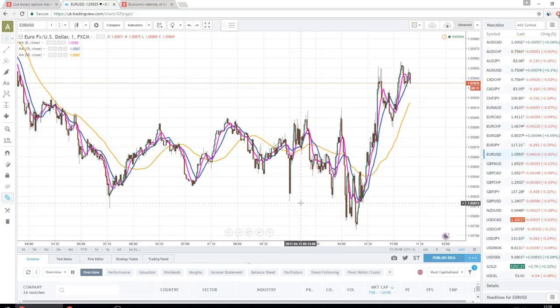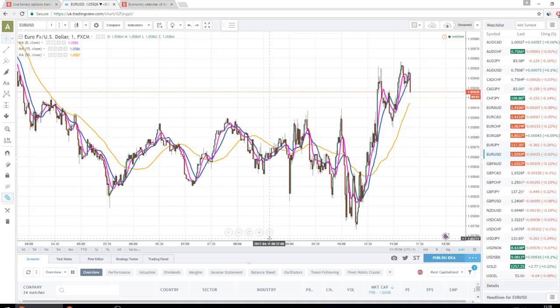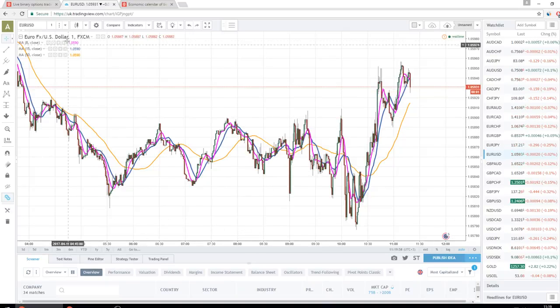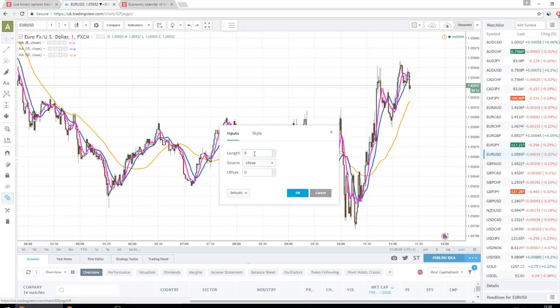Two of them are pretty short, and one of them includes 50 candles. Basically we can even use a different approach, to start not with 8, but 15.